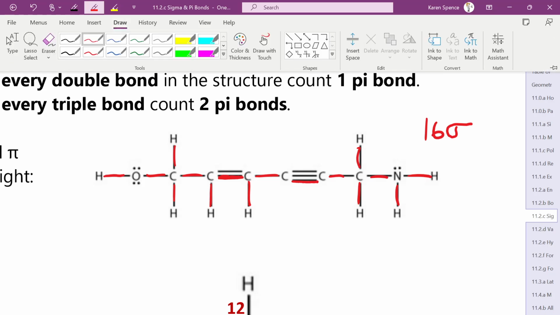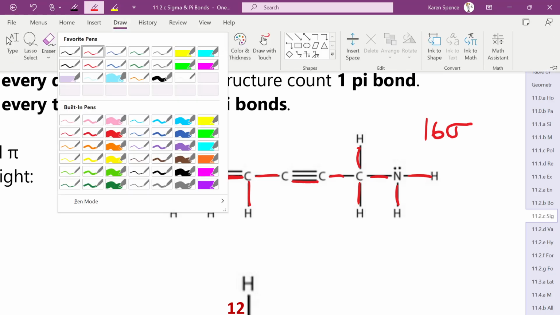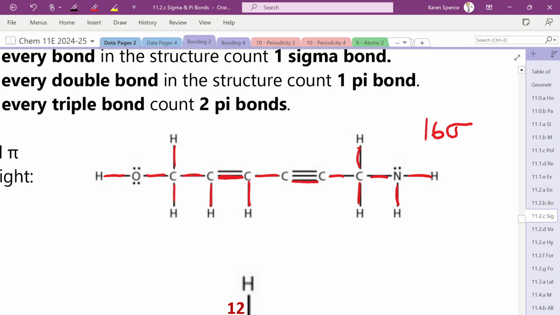Pi bonds. Should we make them green? 1, 2, 3. 3 pi bonds. Did you guys catch that?